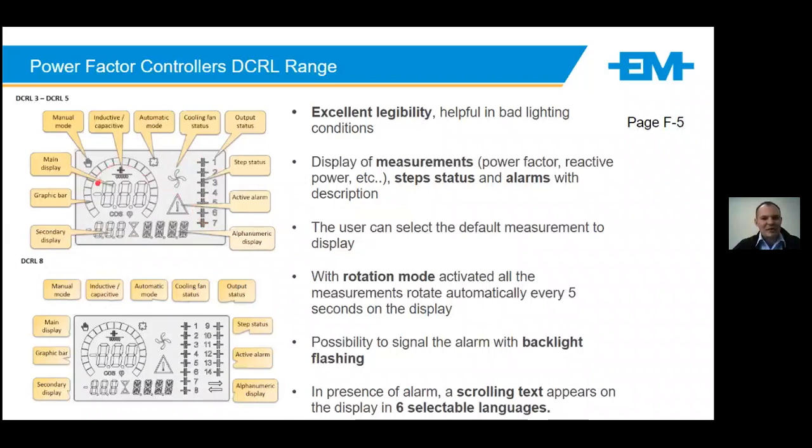It will show me if the unit is in manual mode or automatic mode, the cooling fan status when you use that function within the controller, and any active alarms that may be within the system. And these can be configured to some extent.